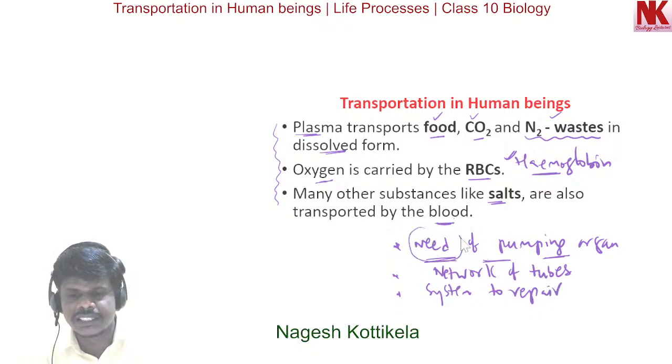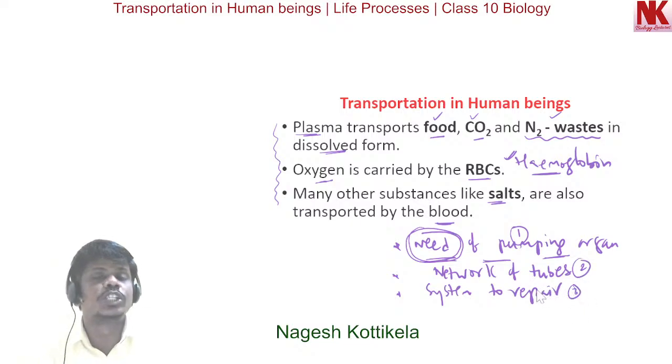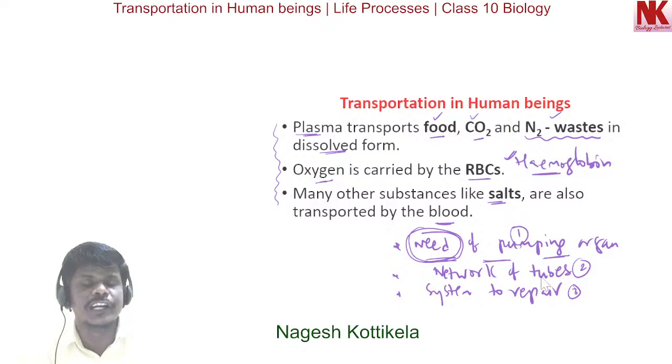So all these are necessary: first, a pumping organ; second, the network of tubes; third, a system to repair any injuries or damage. These are necessary for the transportation system to work efficiently.